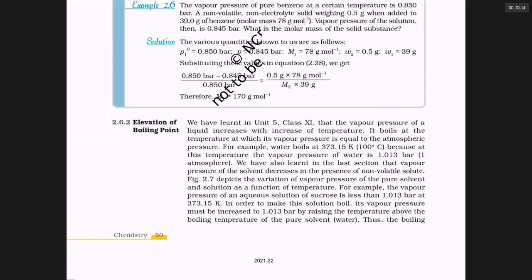Therefore, the increase in boiling point delta Tb is proportional to concentration of the solution, which is expressed in molality. Therefore, delta Tb is proportional to molality. More molality, more particles, less vapor pressure, more heating.